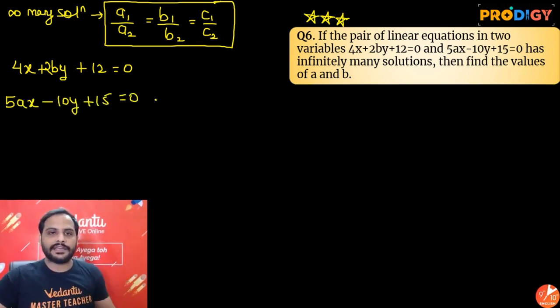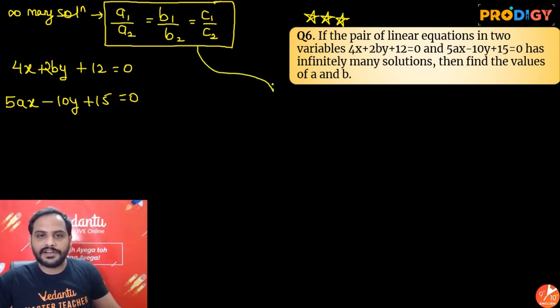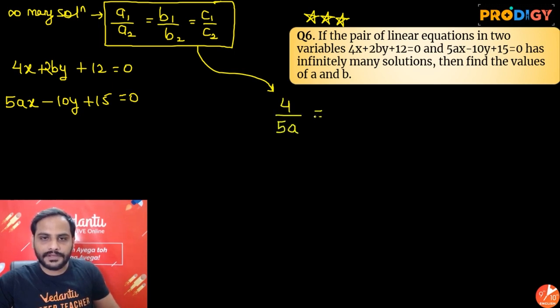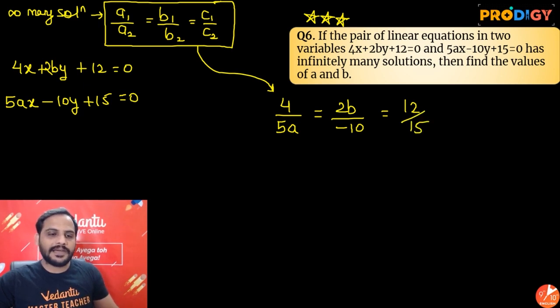Alright beta, so I know this is the condition. So let's write the value of a1 by a2. Coefficient of x is 4 by 5a is equal to 2b upon minus 10 is equal to 12 by 15. But 12 by 15, देखो, in the first fraction I don't know the value of a. In the second fraction I don't know the value of b.